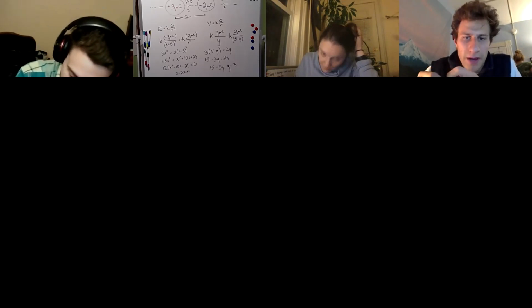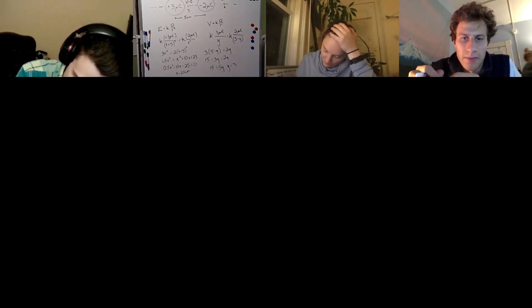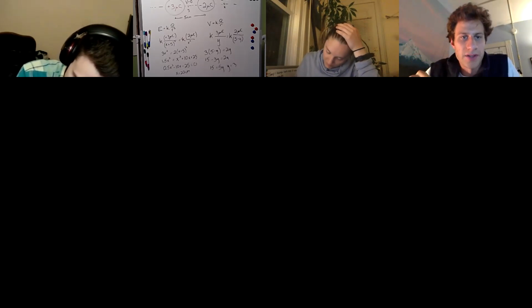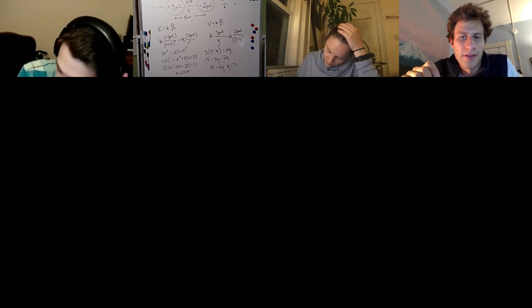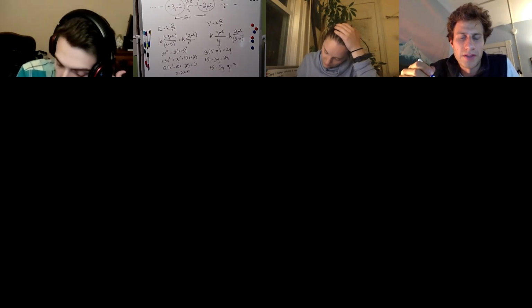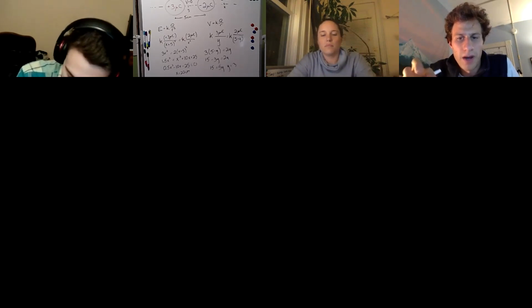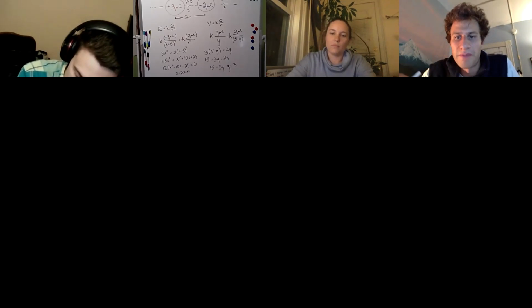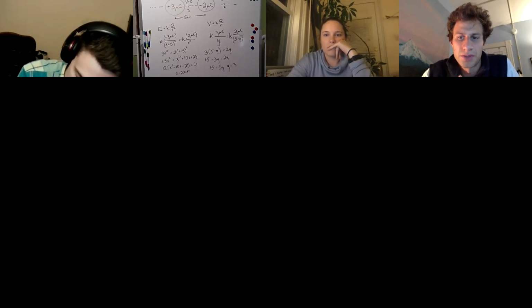So for that one, we're doing the y referring to the 3 microcoulomb charge, and then the 5 minus y referring to the 2 microcoulomb charge. How did we decide to do the 2 microcoulomb as the 5 minus y instead of the 3 microcoulomb charge? That's a totally valid question.